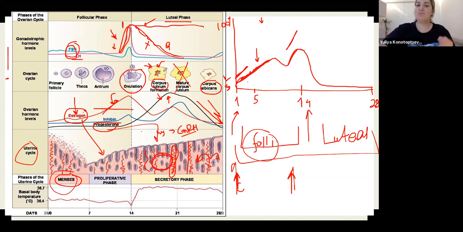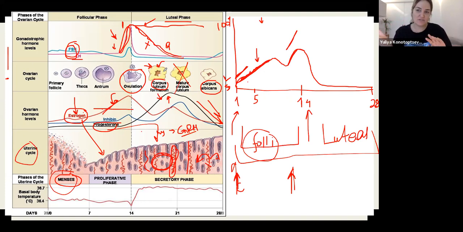So the corpus luteum is under the influence of HCG, which I repeat is made by the embryo. It keeps on secreting progesterone. Progesterone is stable, the embryo stays. HCG is the highest in the first 3 months of pregnancy.